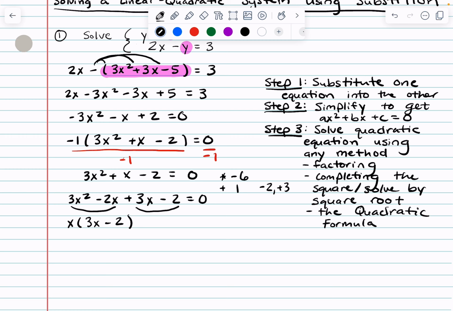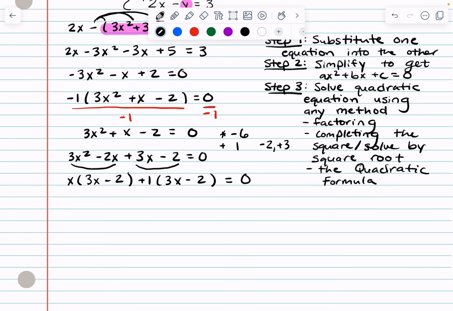Then for the last two, 3x and -2 have nothing in common besides 1, so I just factor out that 1 and I'm left with 3x minus 2 again. So now, when I factor this, I have 3x minus 2 times x plus 1 is equal to 0.